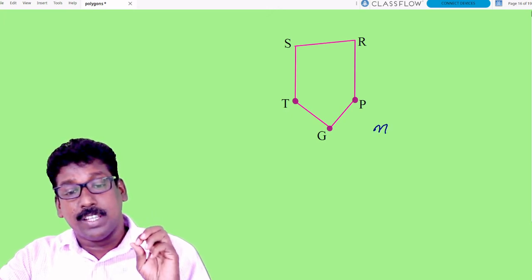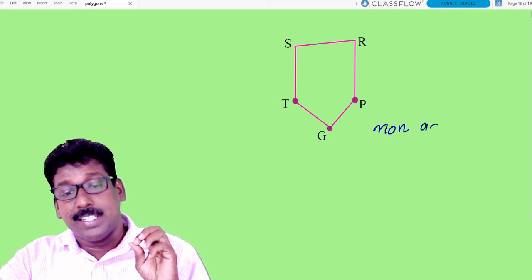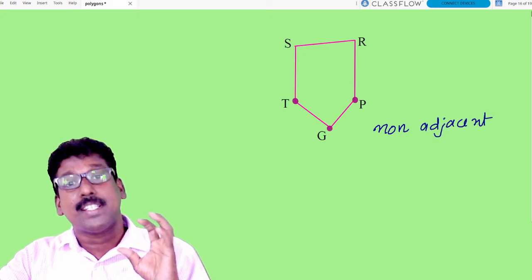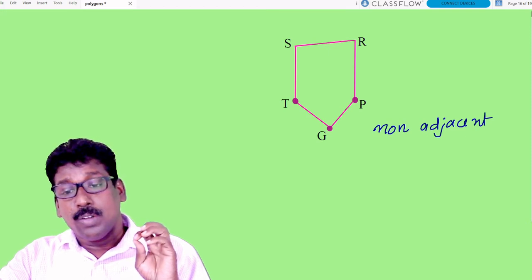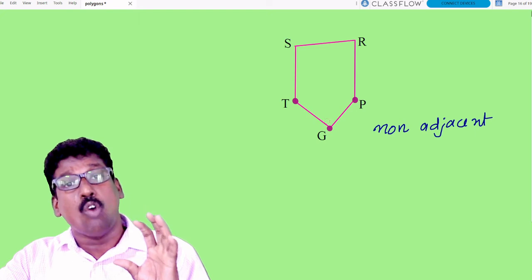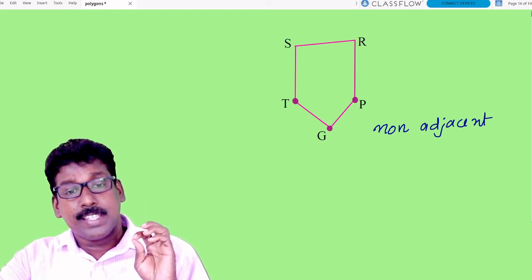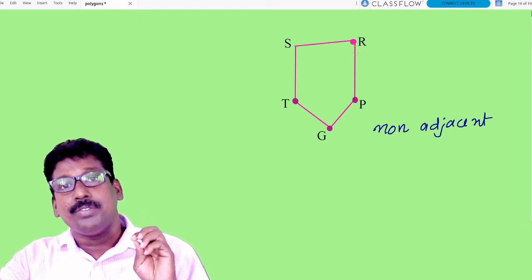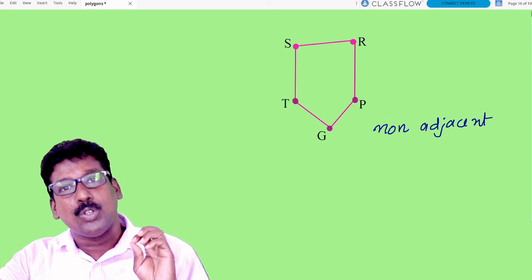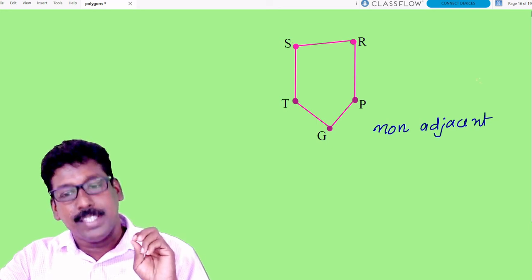That we can call non-adjacent vertices. So, what are the non-adjacent vertices of G? You can say R, which is not adjacent to G, and S, that is also not adjacent to G.